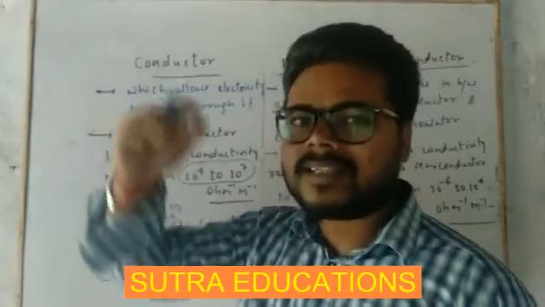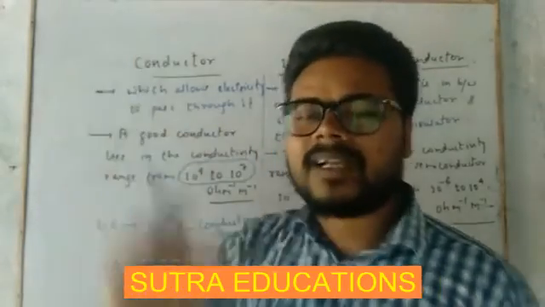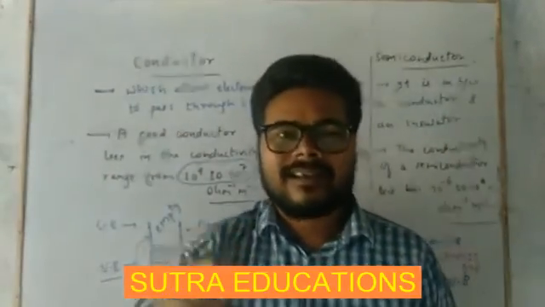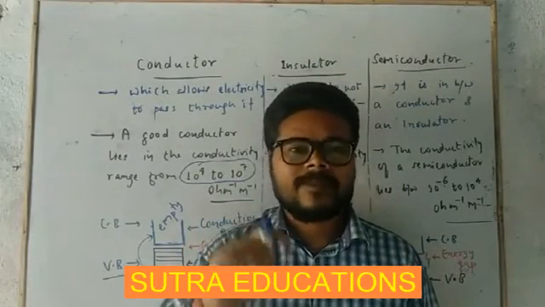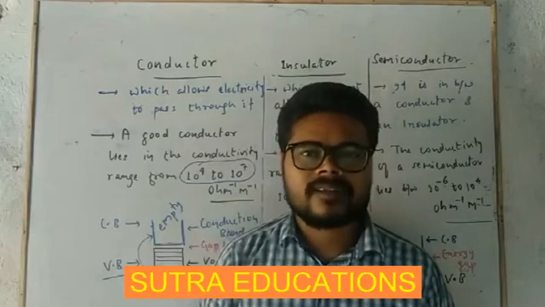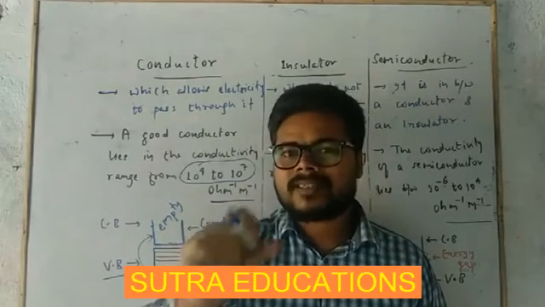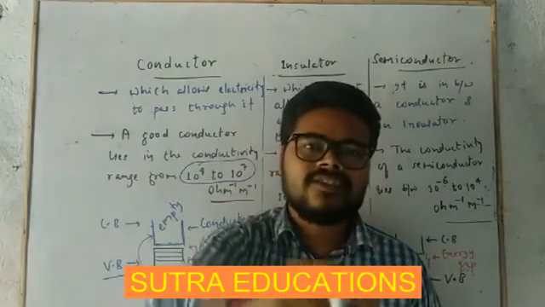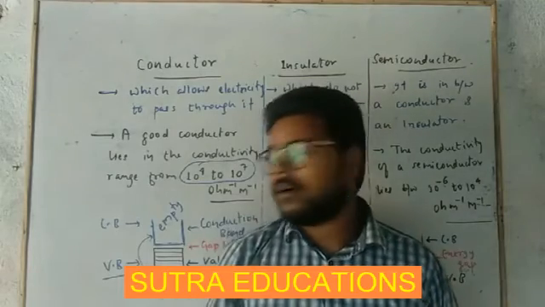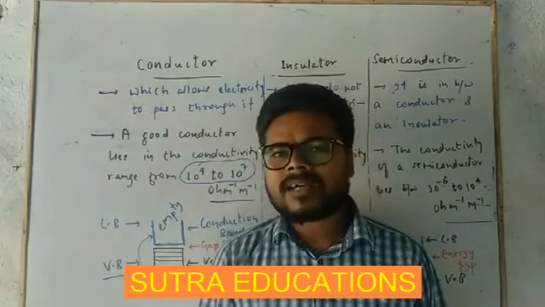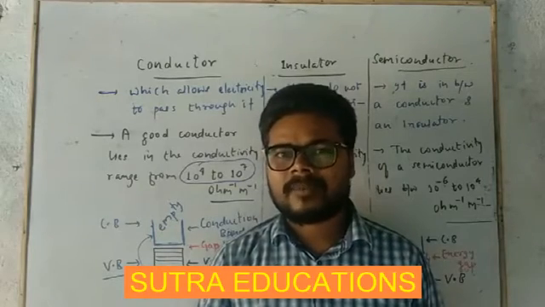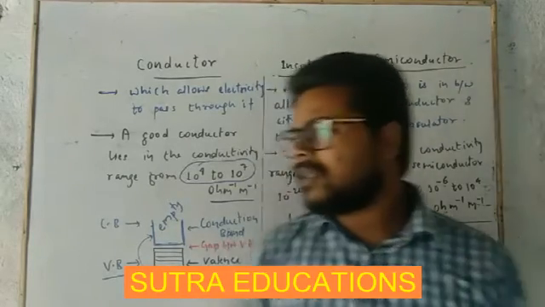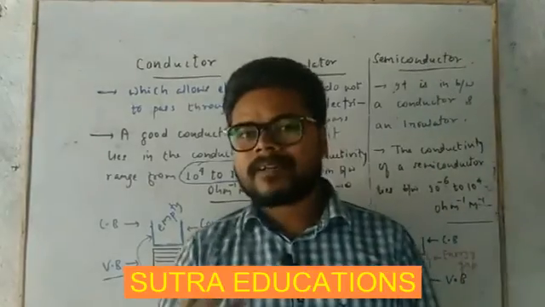If energy difference between valence band and conduction band is minimum, then by absorbing little amount of energy, the electrons present in valence band will jump towards conduction band, because energy gap is very less.